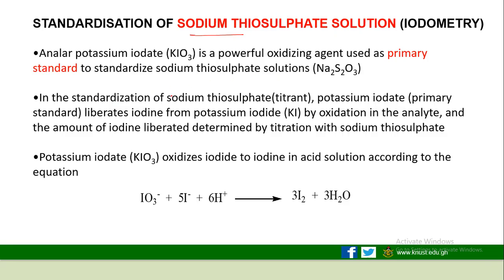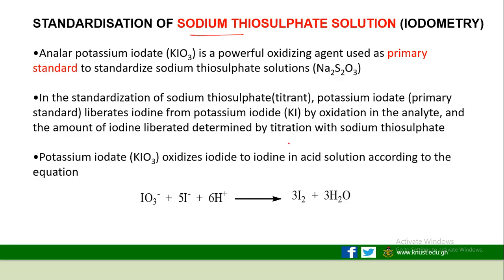Now, in the standardization of sodium thiosulfate, which is the titrant, potassium iodate, that's the primary standard, liberates iodine from potassium iodide by oxidation in the analyte, and the amount of iodine liberated is determined by the titration with sodium thiosulfate. So the long English we are saying describes what we talked about earlier.